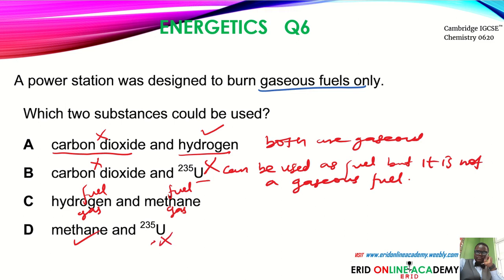Uranium does not fit into the criteria. And what are the criteria that we have? We are looking at the fact that it has to be gaseous, and of course it has to be a fuel. So hydrogen and methane fit into the criteria. So both of them fit, and the correct option is C.